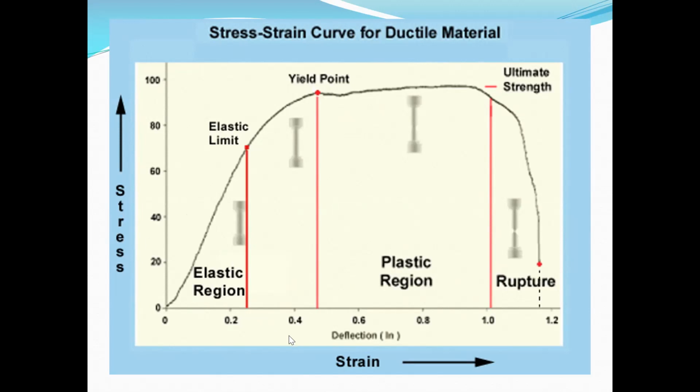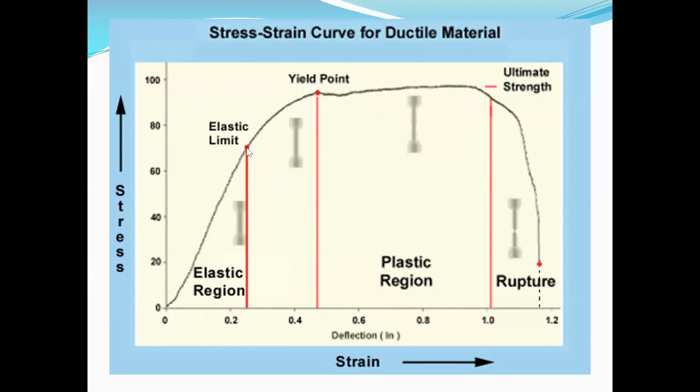In this chart, the x-axis shows the strain, which means the deformation, and stress is the load that you are applying per unit area. Within the elastic range, the stress and strain form a straight line. That means with a certain amount of stress, there will be a certain amount of strain, and these two are proportional.